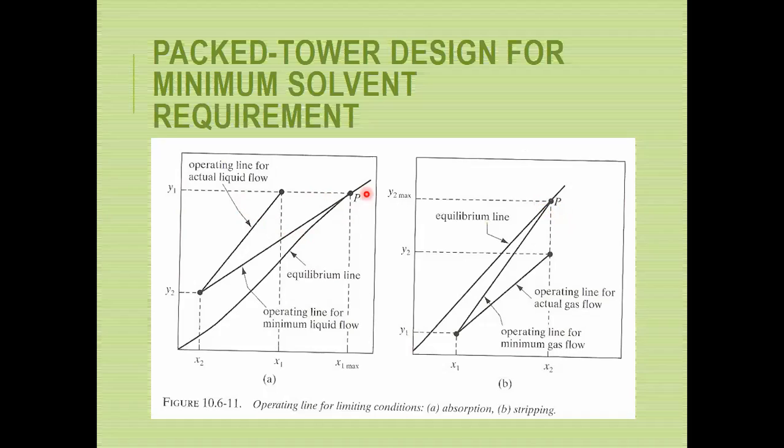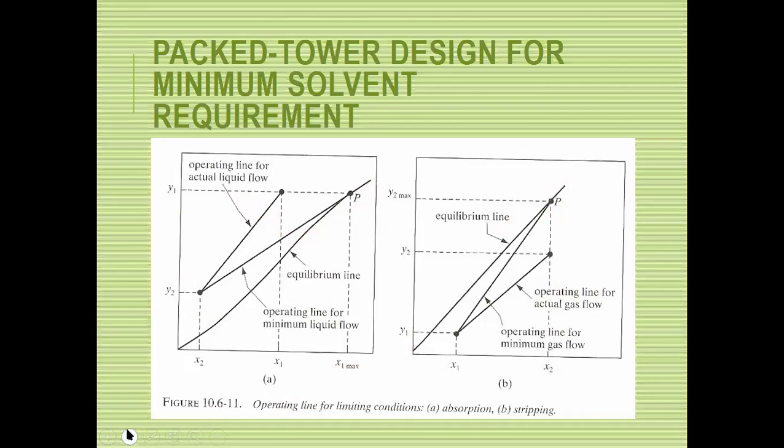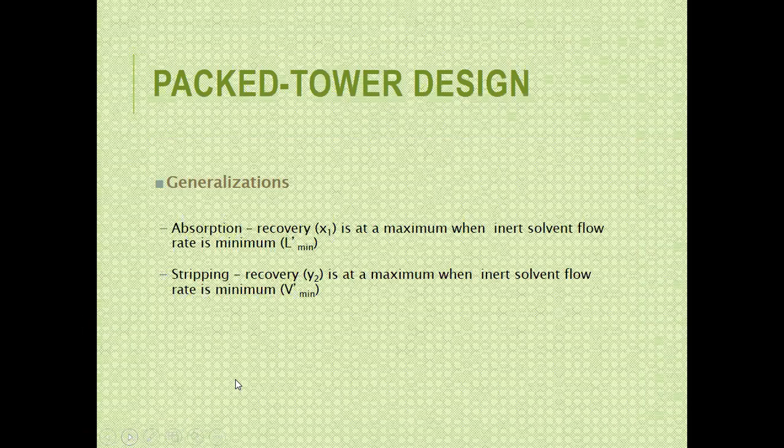But this particular graphical interpretation of how we determine the minimum solvent requirement has to be translated to something that you can work on, and that's in the form of an equation. Now, in terms of packed tower design in gas absorption specifically, the recovery X1 is at a maximum when the inert solvent flow rate is a minimum.